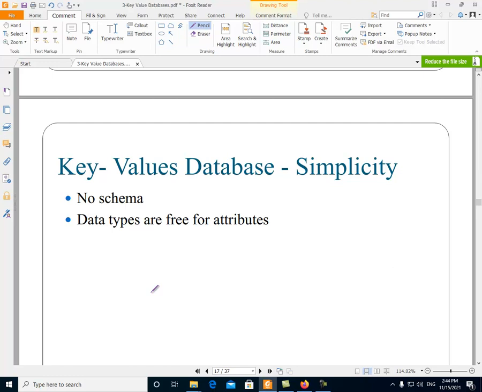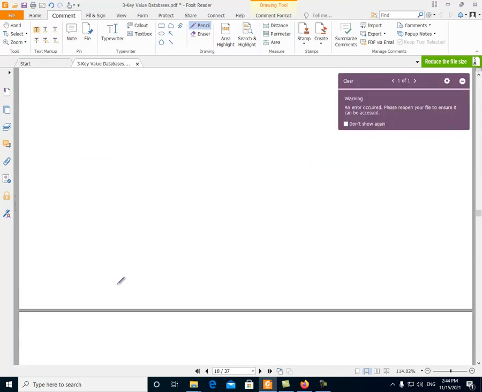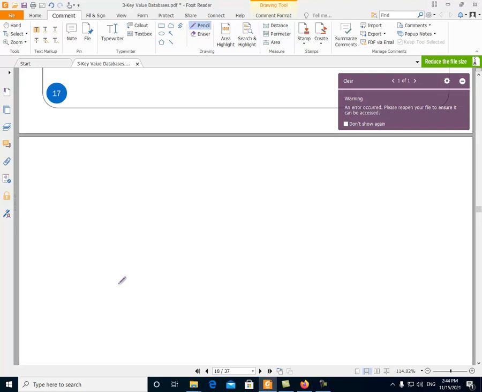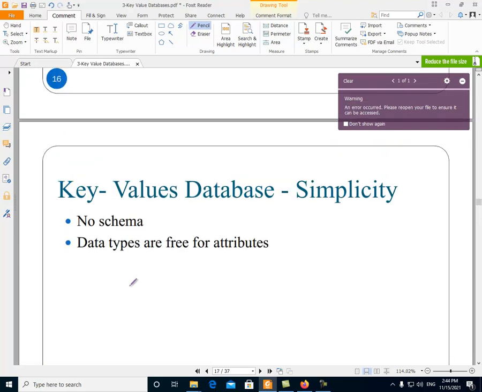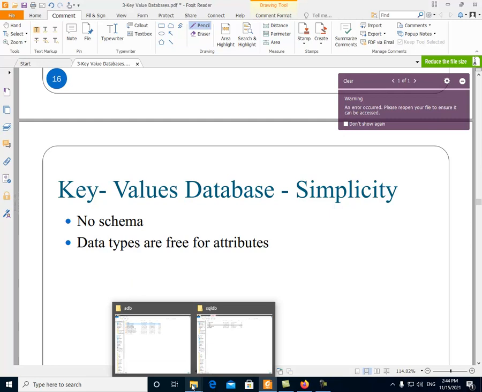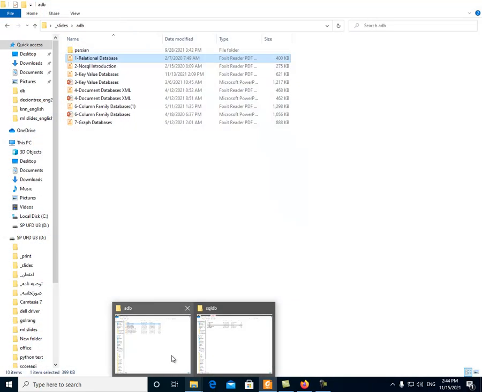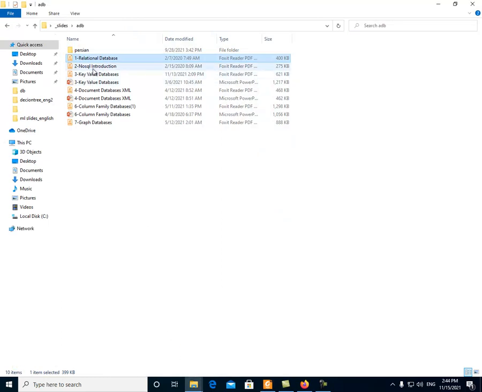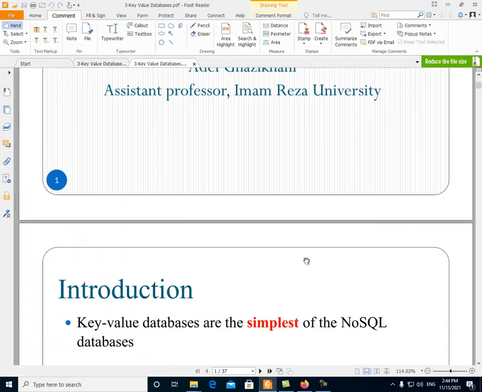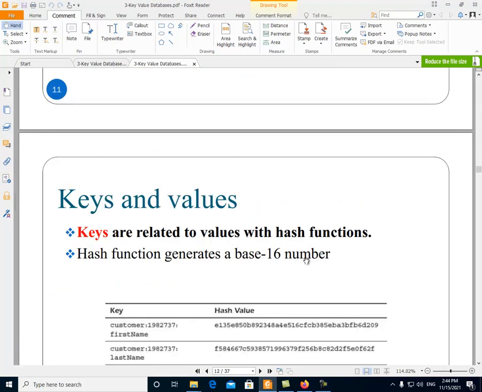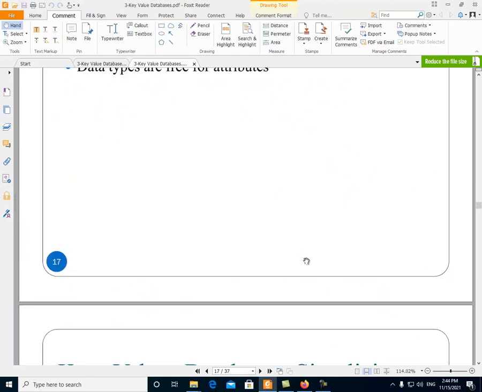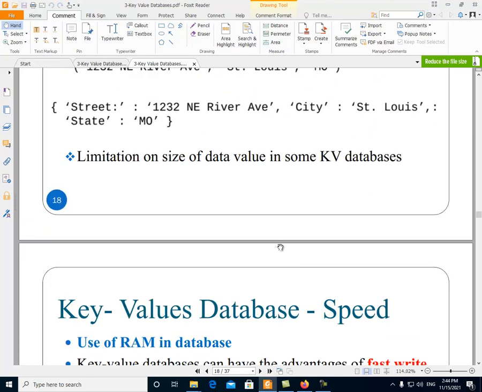The data types could be anything. This was some examples about this.